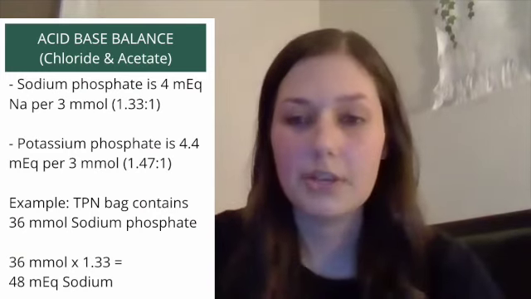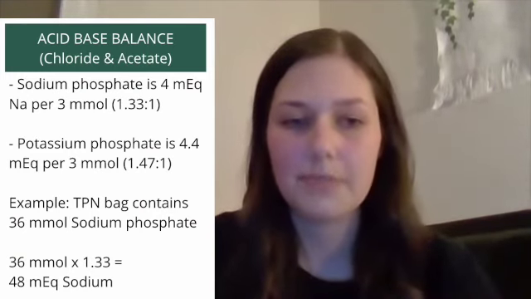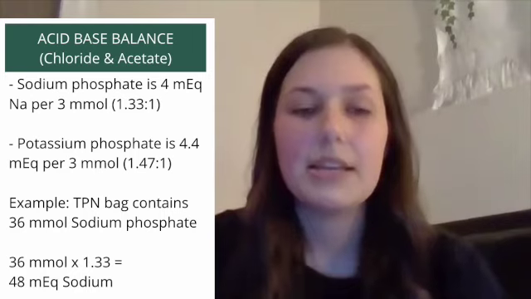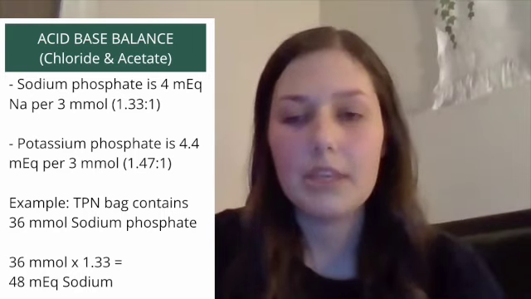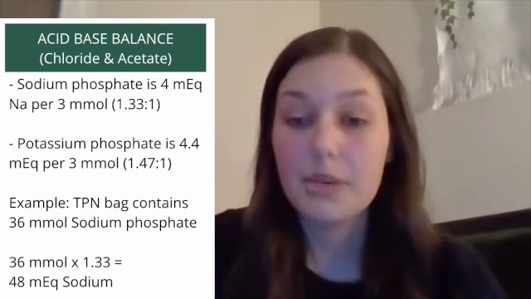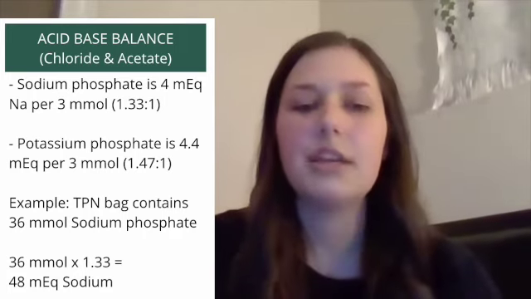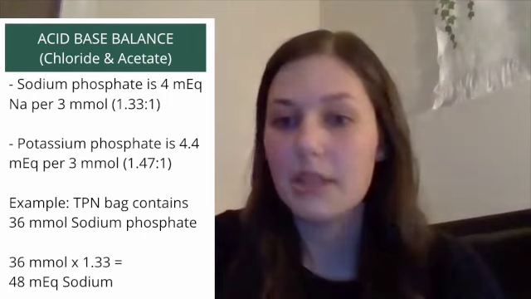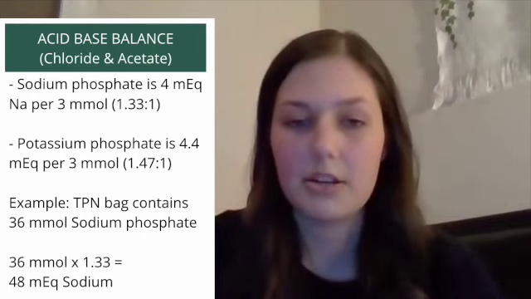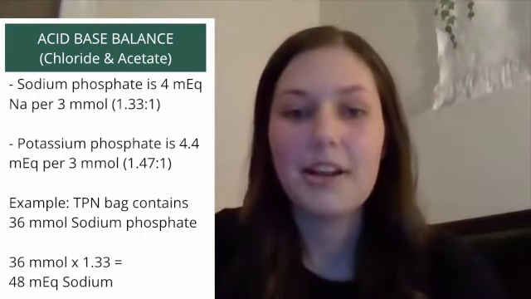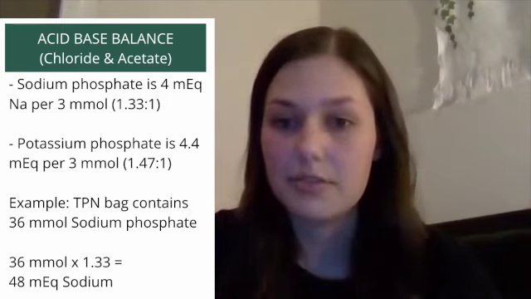So sodium phosphate, which is the one that we'll use for this hypothetical TPN, is 4 milliequivalents of sodium per 3 millimoles of sodium phosphate. So if we want to provide 36 millimoles of sodium phosphate in our TPN, that accounts for 48 milliequivalents of sodium.